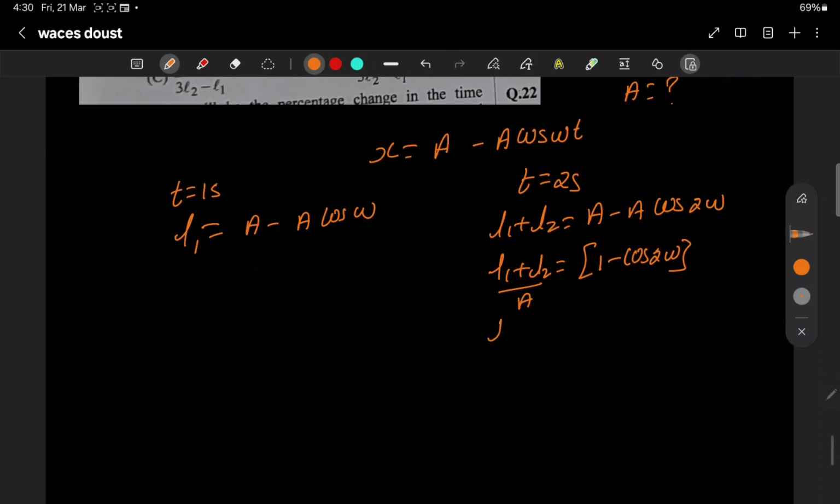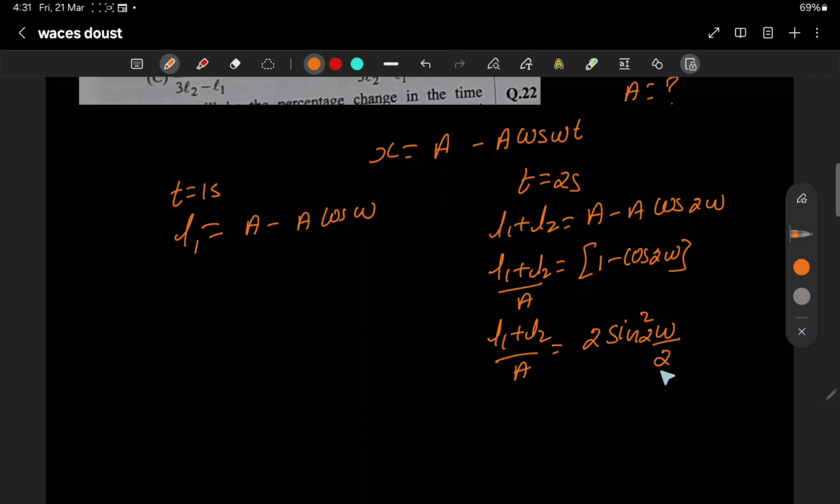So here L1 plus L2 by A is what? 1 minus cos theta. We can write this as 2 sin square theta by 2. Here theta is 2 omega, so I missed it.